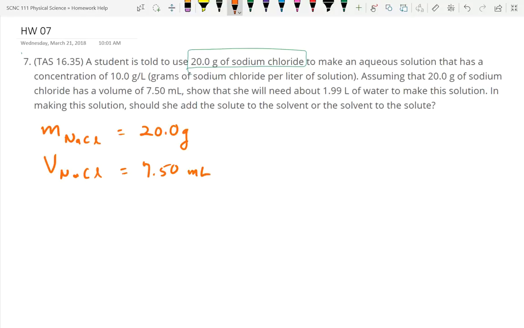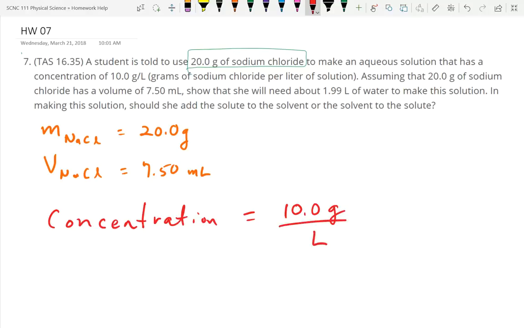And then we want to see how much water she needs to get a concentration of 10.0 grams per liter. Now notice this is not a molarity, it is a grams per liter. So what does the concentration mean? What is that measuring?